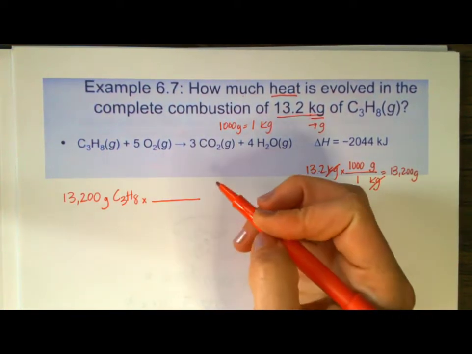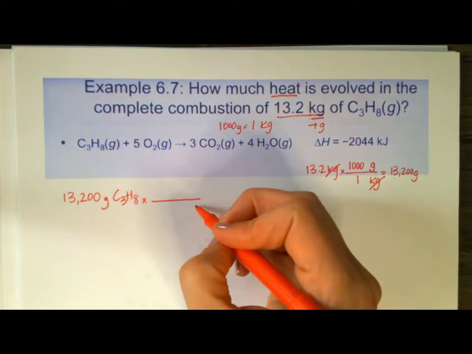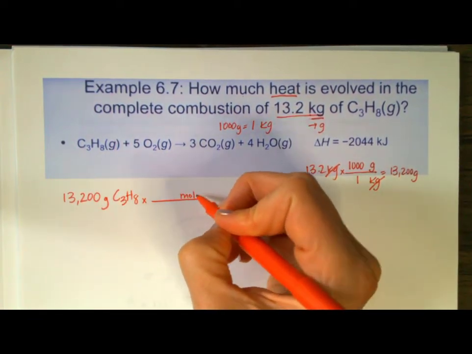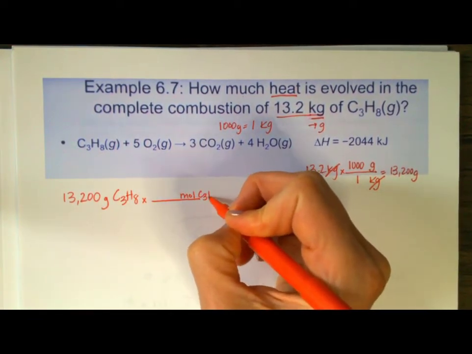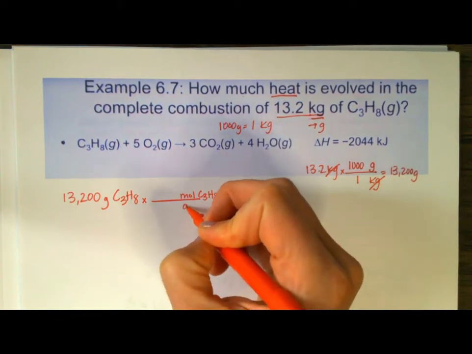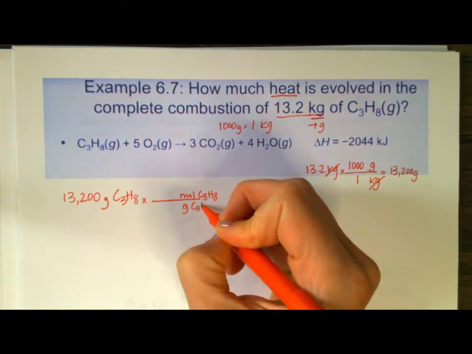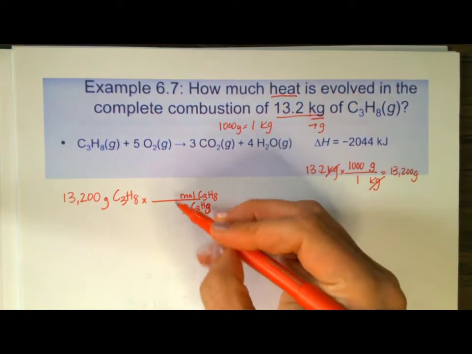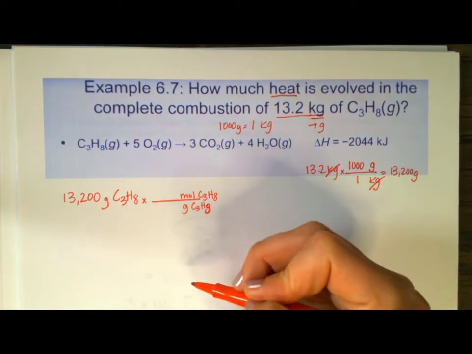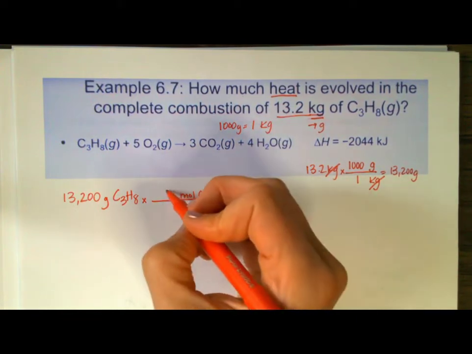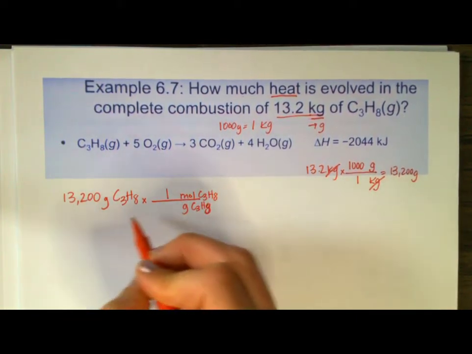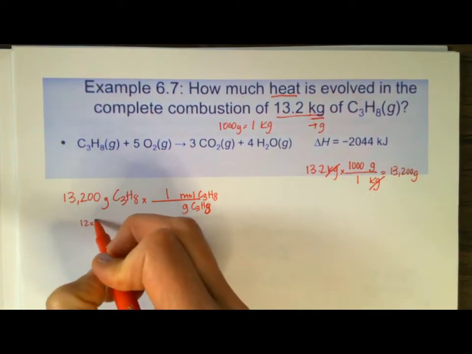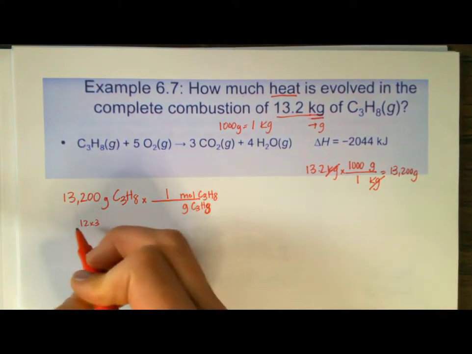So what do I want? I want moles of propane, C3H8. What have I got? Grams of propane. Now I need to look at that grams to mole ratio. For every 1 mole, I need to add up 3 carbons, so 12 times 3, and then 8 hydrogens.